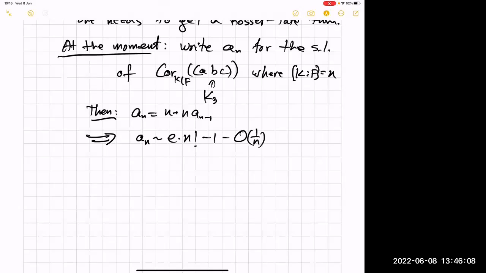So it's quite close to e times n factorial, which shows you that you really pay a lot of price if you take the co-restriction from a big field extension. Whenever you can split it into sums of co-restrictions from lower field extensions, you'll get better bounds.